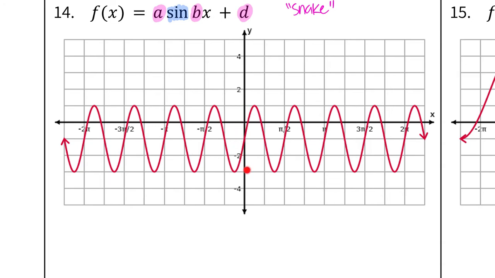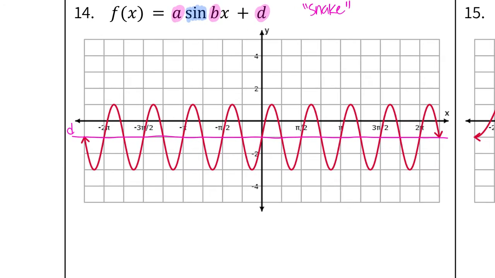So in the middle would be 2. So that is going to be our midline. And that controls D. So this graph went down 1. Because it should have been at the origin, it went down 1.